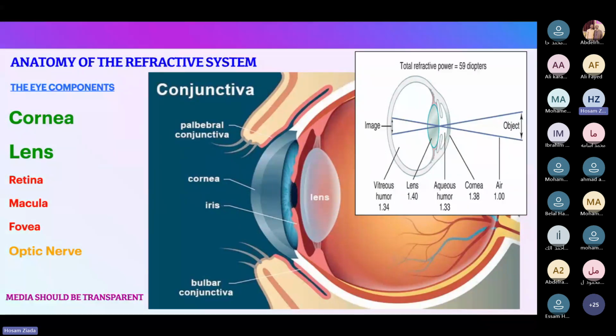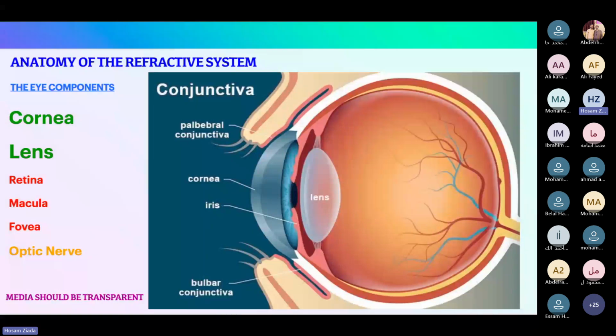Okay, here in this image, or the original image, a very important point to know is that the pupil, which is the circular opening in the center of the iris, is a very important organ in refraction, which means that the constriction of the pupil will limit the entrance of the light rays.